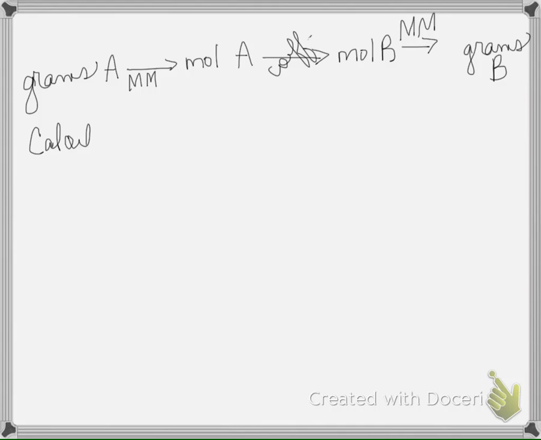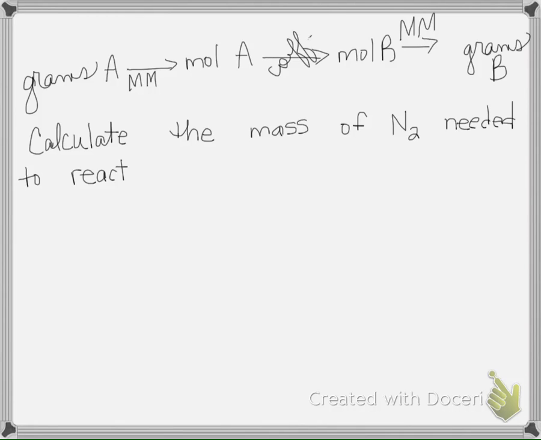Let's calculate the mass of nitrogen needed to react completely with 4.12 grams of hydrogen to generate ammonia.